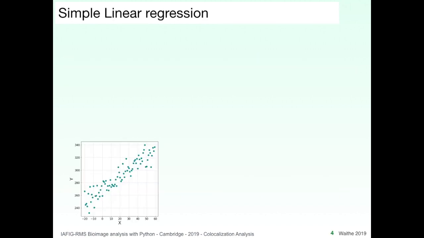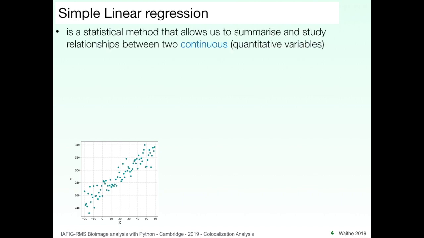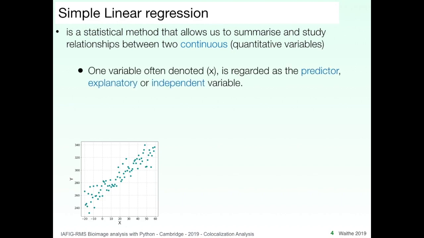So here's some simple, slightly noisy data, and there's clearly visually a relationship between x and y. But what are x and y in this context? Well, this represents the relationship between two continuous quantitative variables. And we have one variable, the x, which is known by many names because there are many disciplines that focus on these relationships.